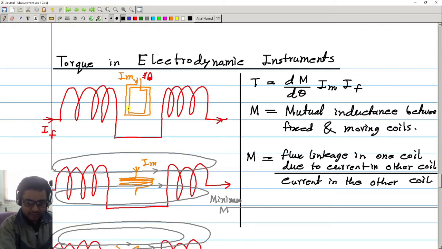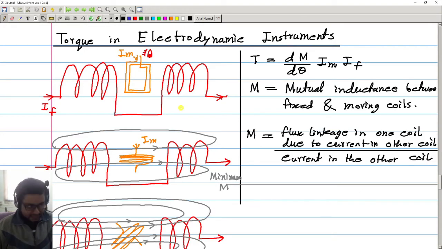Tell me one thing, whether mutual inductance increases or decreases if it is turning by the force of attraction or repulsion between the two sets of coils. So it increases. Excellent, it increases.